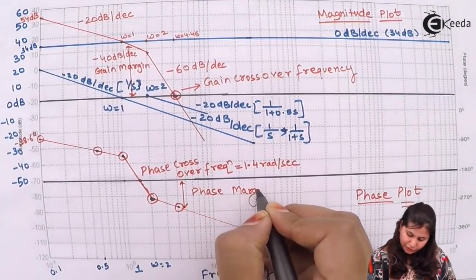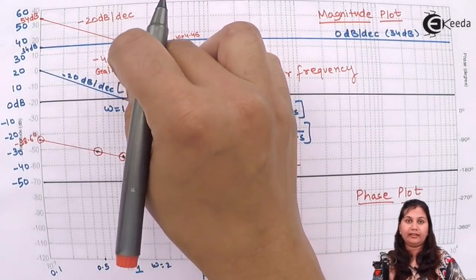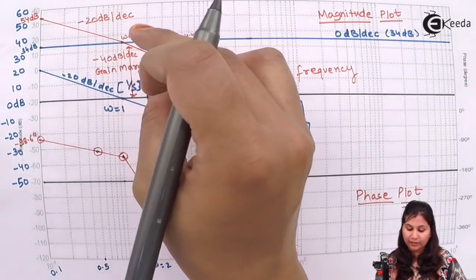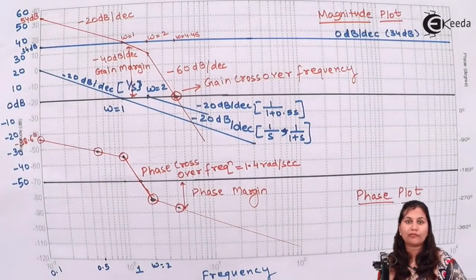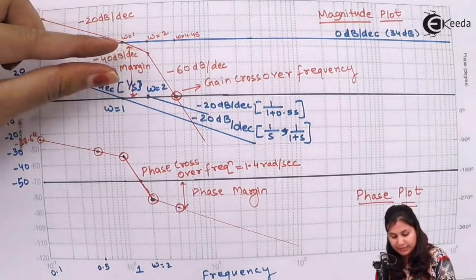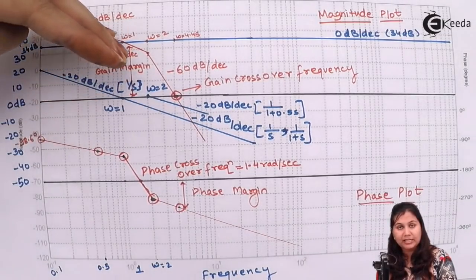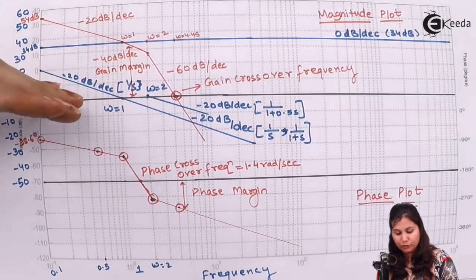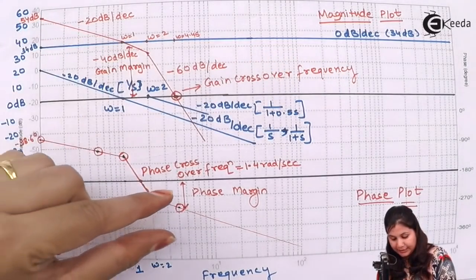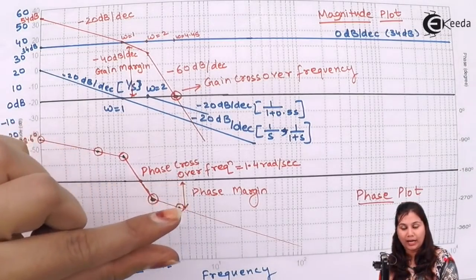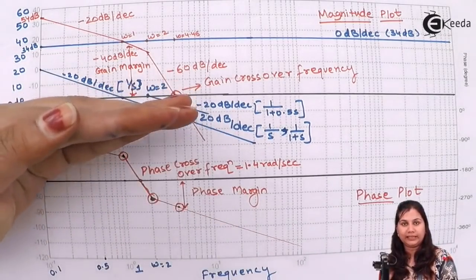What is the definition of gain margin and phase margin? Gain margin is the additional gain which we have to add in the magnitude plot so that the system goes to the verge of instability. So this amount of gain we have to add so that the magnitude plot reaches the 0 dB line, and this much phase we have to add so that the phase plot comes to the minus 180 degrees line.